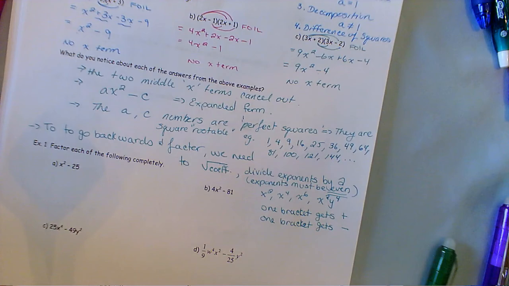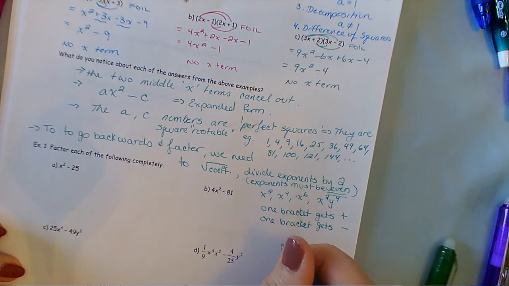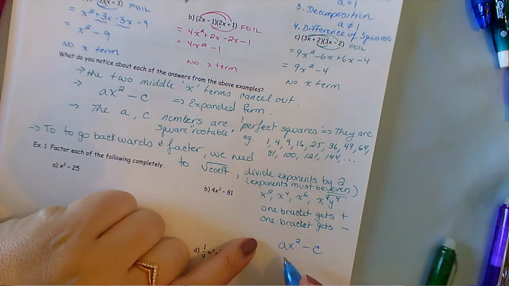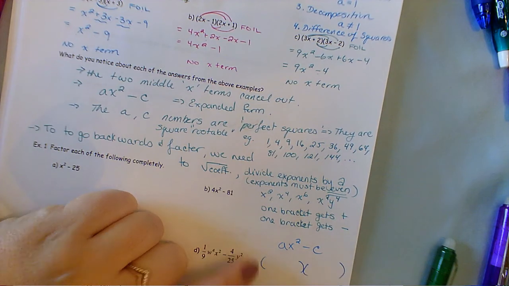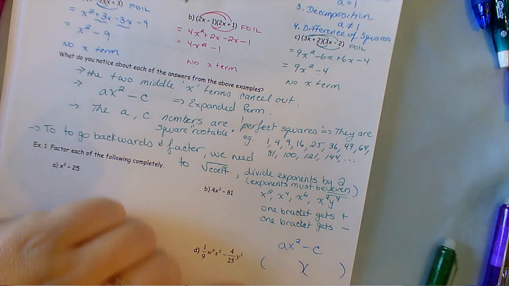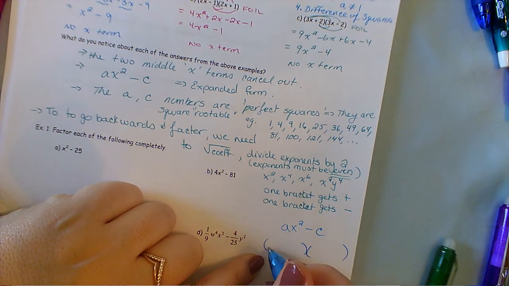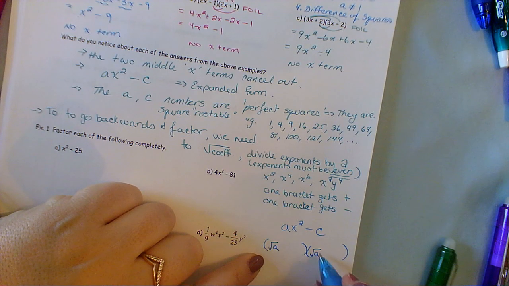So what am I talking about here? In general, for people that need to kind of see it before we apply it, we have ax squared minus c. I want to now put this into brackets. I'm trying to factor this. I'm going to put the square root of a, whatever the square root of a is, in the front because it was the first thing listed. Then I'm going to cut this exponent in half.